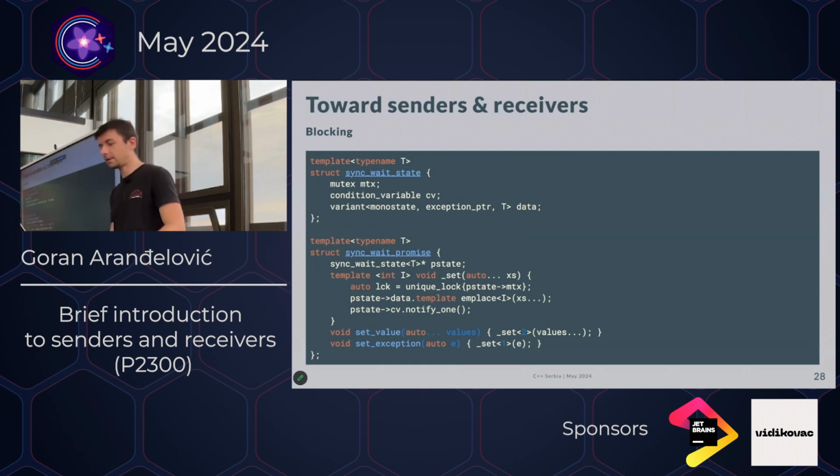But the thing is that when we set the value, we want to notify that the value is there. So that's why, remember, the signatures are the same. Again, we have set value and set exception methods on this promise, right? And set value will actually set a particular value into the shared state, which we are using within this sync wait promise. And we notify. We say, okay, we have our result ready.